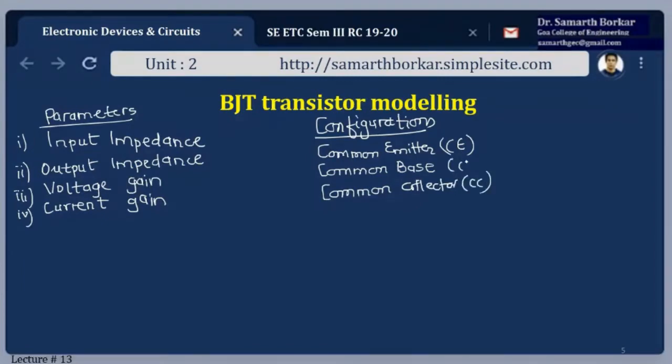Now, depending upon the application, we opt for common emitter, common base, or common collector. In amplifiers, 90% of the time we use a common emitter amplifier because the voltage gain of the common base is roughly 50 to 300. If I want higher gain, I go for a common emitter circuit.